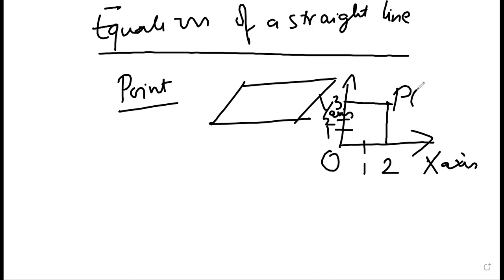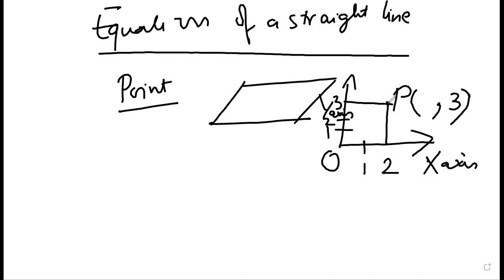Now, when we are talking about the perpendicular distance of this point P from the x-axis, please note carefully, the length of the perpendicular from this point P to the x-axis will give us the y coordinate, which is 3 in this case, right?